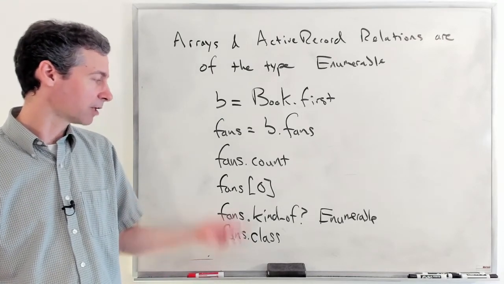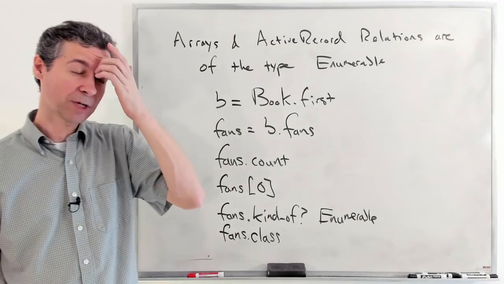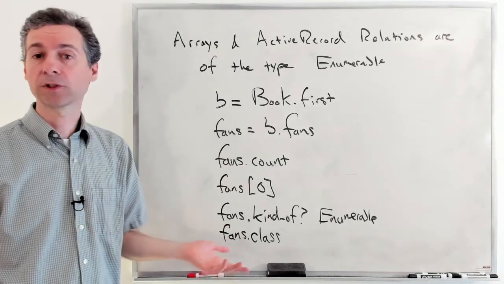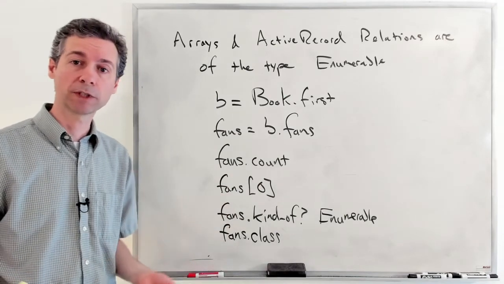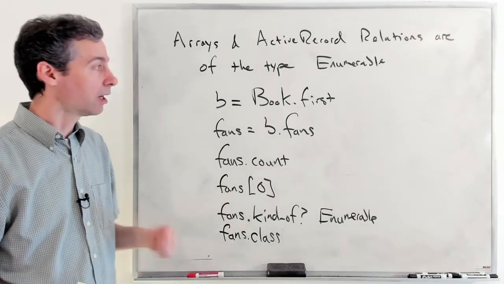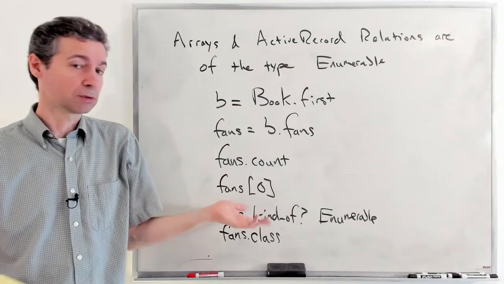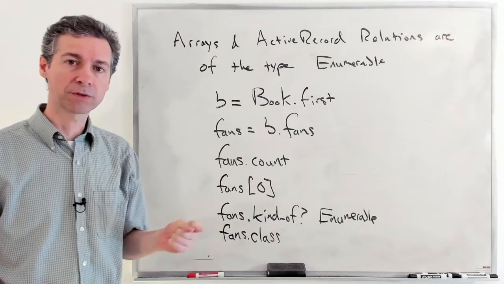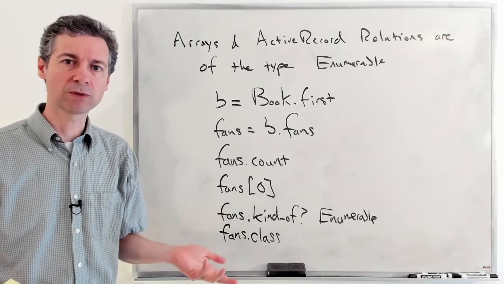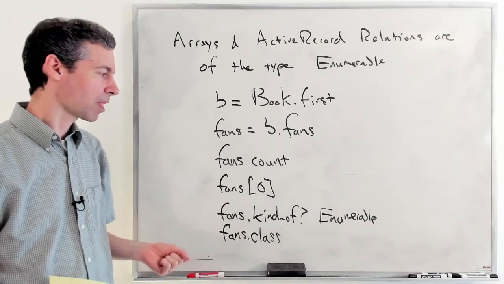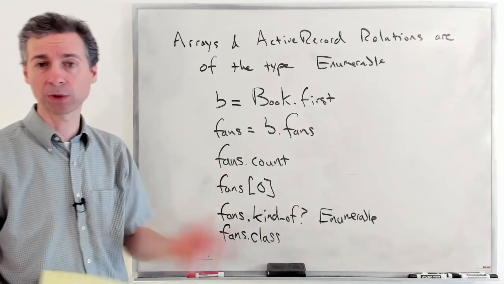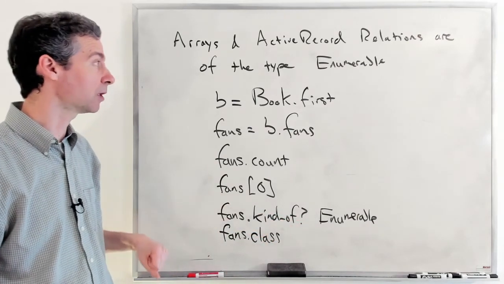And so this would spit out, like in my case, my fans that I returned, they were all an array, and it would tell me array. For you, maybe you had an active record relation, and it would tell you that. Or maybe you had something else that was enumerable. That's fine, another collection. But usually arrays and the active record relation are the ones that everyone should have been using. But if we could iterate it, if it was enumerable, it certainly would have been fine as well.